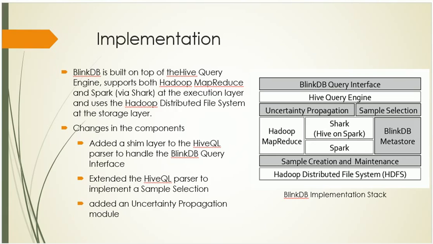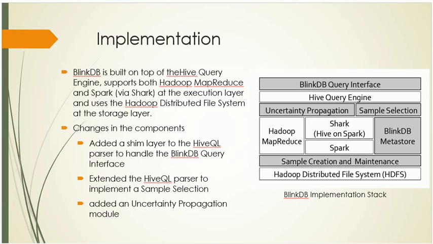We add a shim layer to the HiveQL parser to handle the BlinkDB query interface, which enables queries with response time and error bounds. Furthermore, the query interface can detect data input, triggering the sample creation and maintenance module, which creates or updates the set of random and multi-dimensional samples.